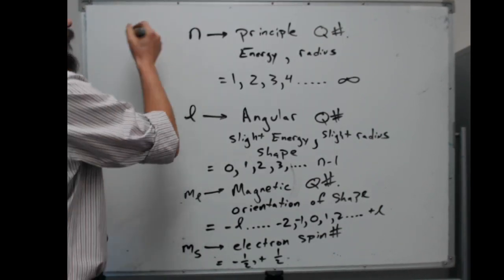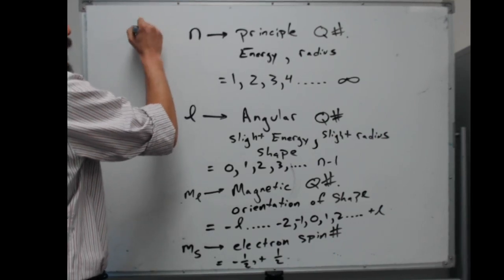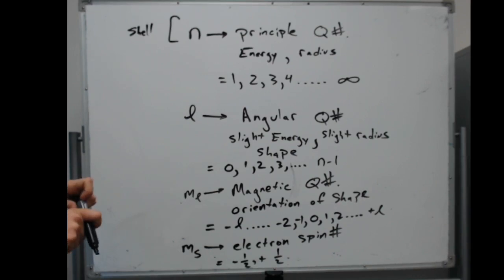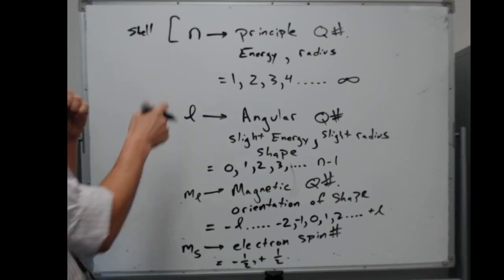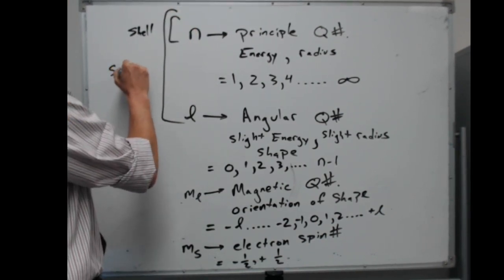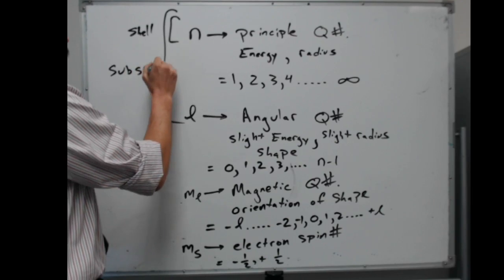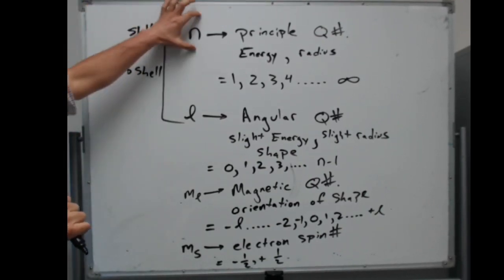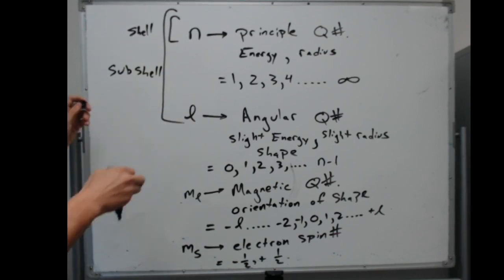So the n value gets referred to as the shell. If we just had the n value, we'd be looking at what shell of the atom we're looking at. If we had the n and the L value, we'd be looking at the subshell. Right, we'd be looking at what do we know about the broader idea, what do we know about the more specific ideas.